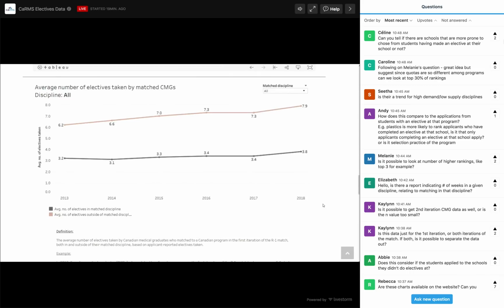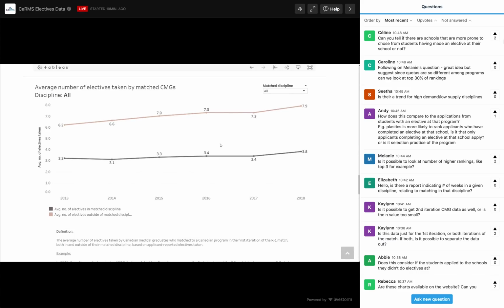In this case, the darker line, the line lower on the graph, is the average number of electives in the matched discipline, across all disciplines in the R1 match, first iteration. And the lighter colored, kind of pinkish line, is the average number of electives outside the matched discipline.